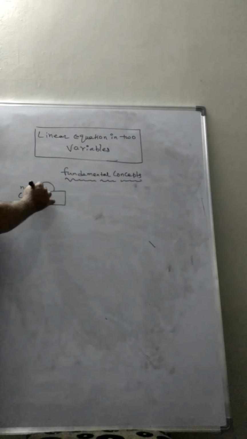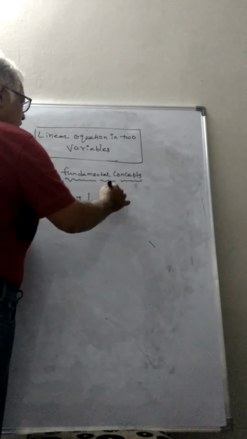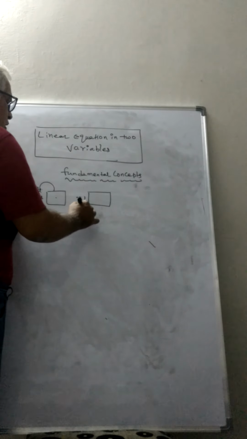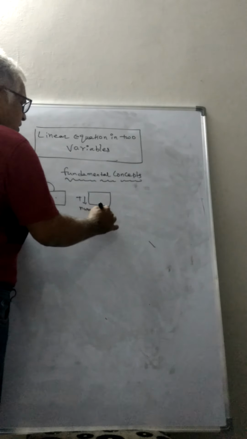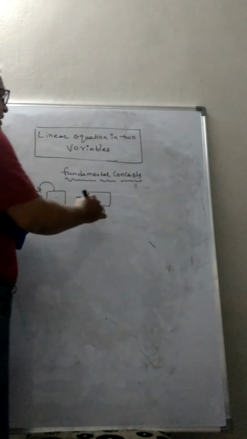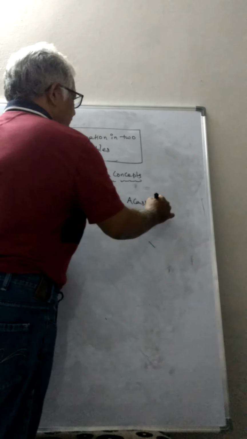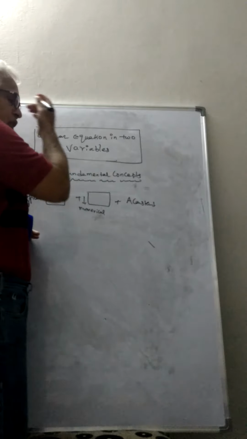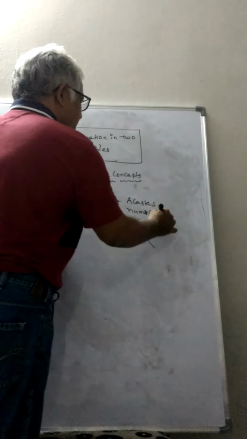And next, one variable and some numeral will be there. Numeral means a real number. Plus a constant. A constant means a fixed value, which is again a numeral. This third numeral is free from any variable.